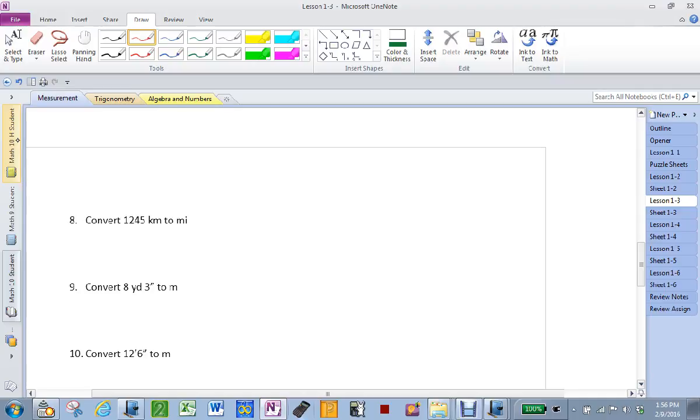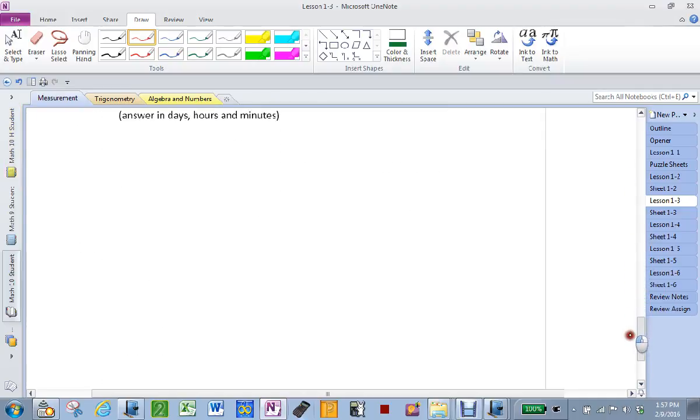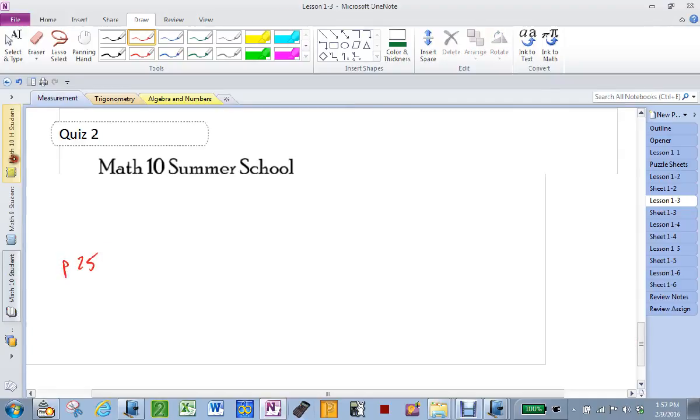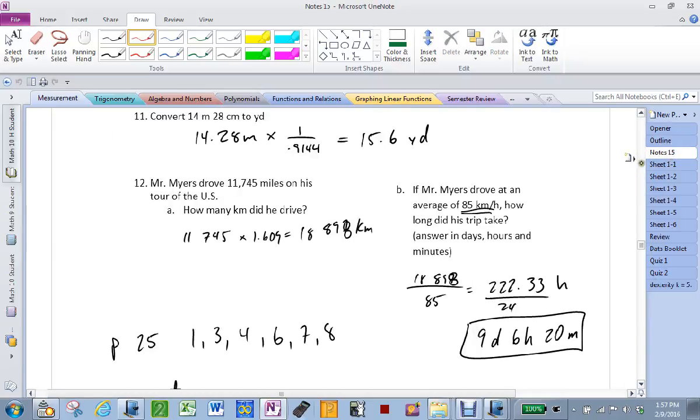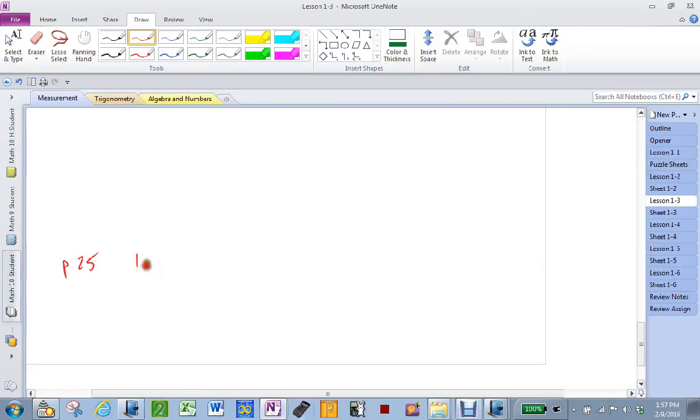The textbook page I wish for you to do is page 25. I can't remember what numbers I wanted you to do. I wrote it down somewhere. 1, 3, 4, 6, 7, 8. There it is. 1, 3, 4, 6, 7, 8. And when are you responsible for knowing all of this?